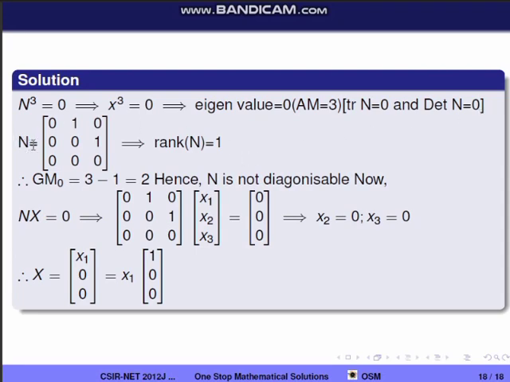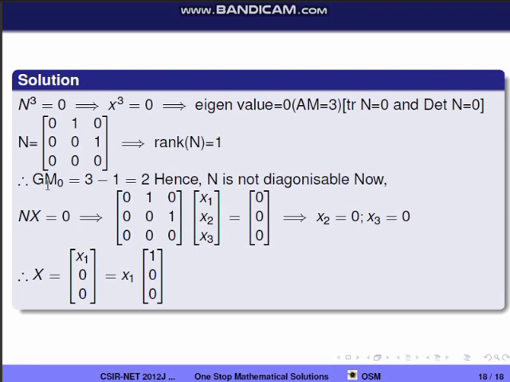Now I am forming N by using the Jordan canonical form. So the eigenvalues are written, repeating 3 times, so we will get a 3 by 3 matrix, like this. Here when we look, the rank of N is, actually, it is 2. I made a mistake here.